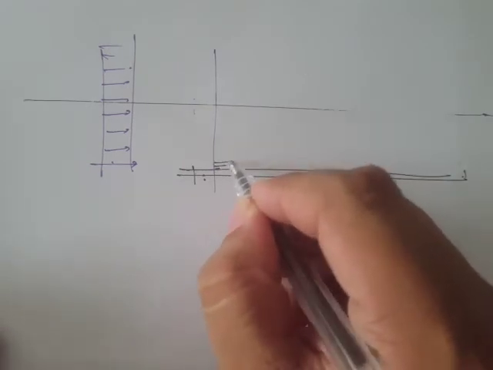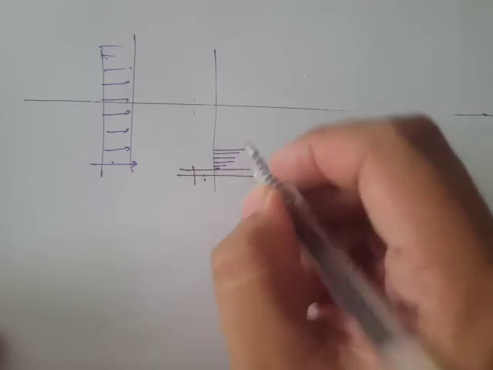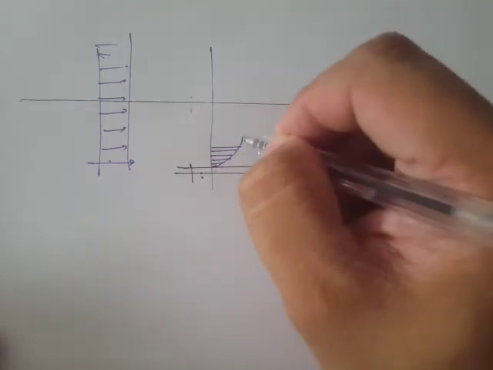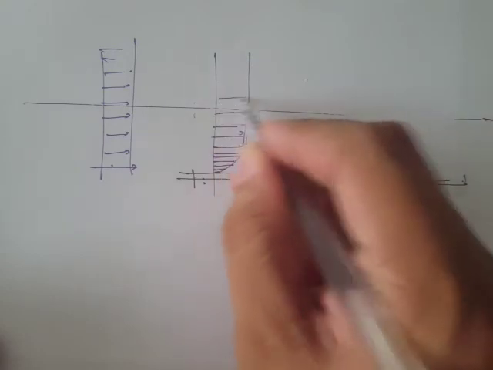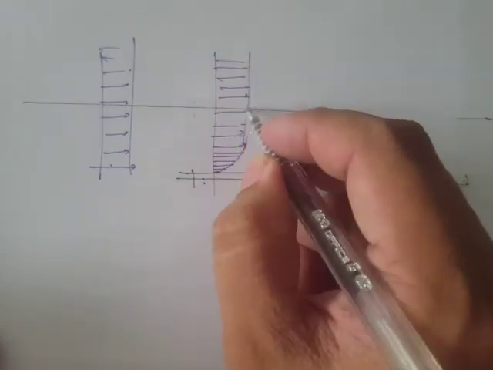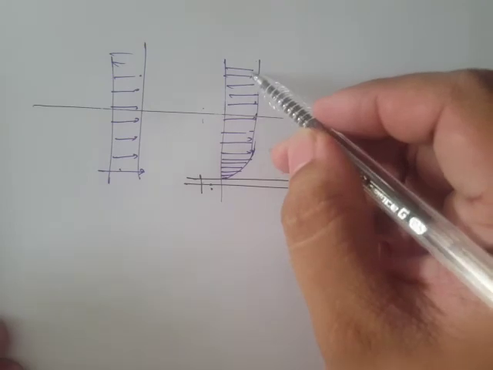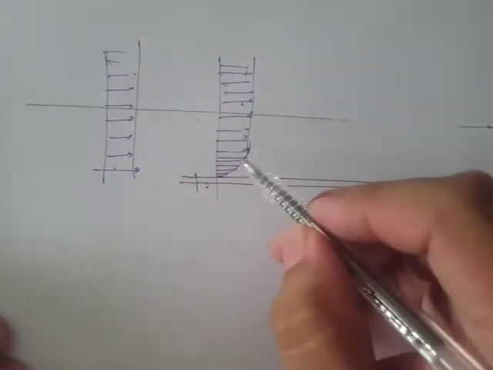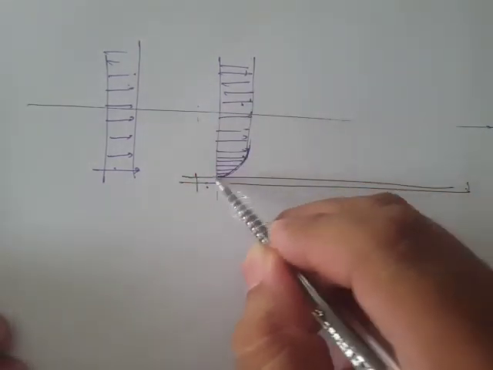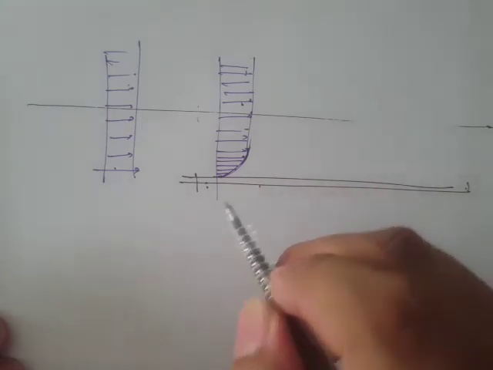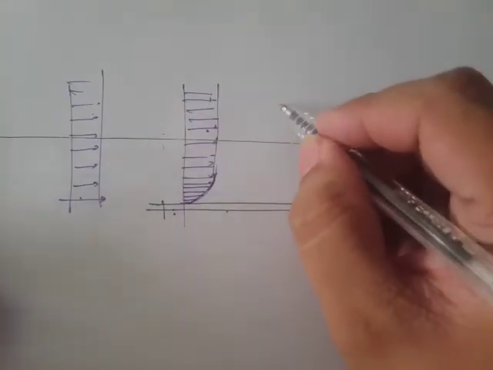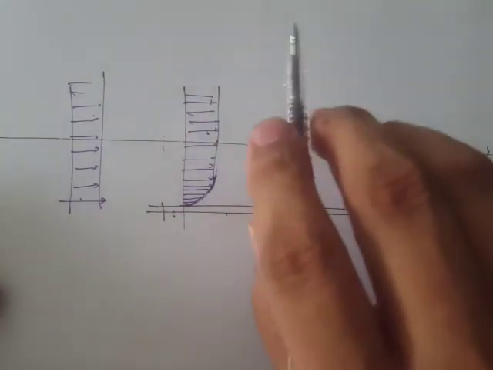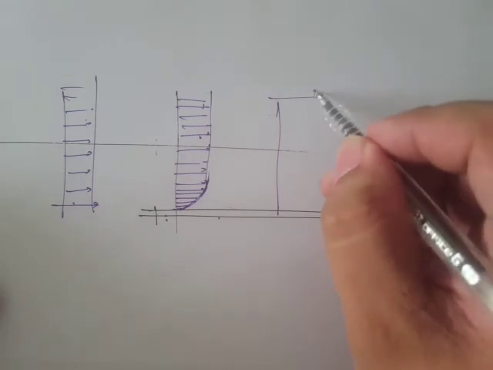And therefore, we will have something like a gradient. So this one has the same velocity profile as this one, but near the solid boundary, it would have a non-uniform distribution.